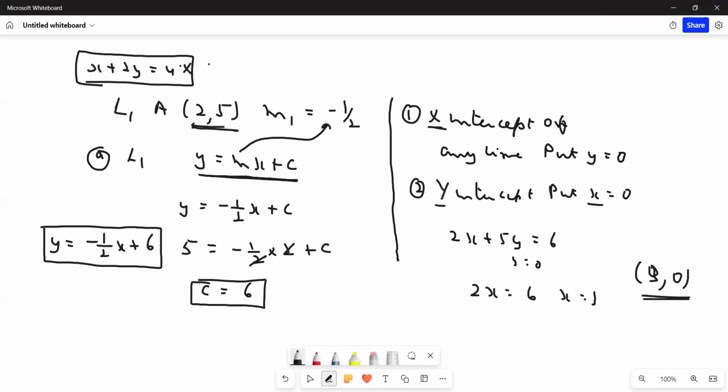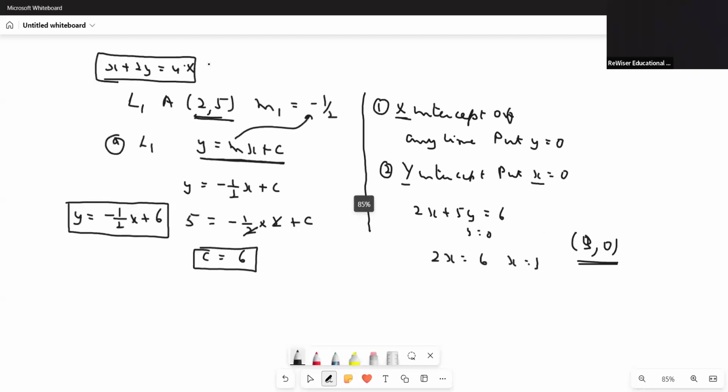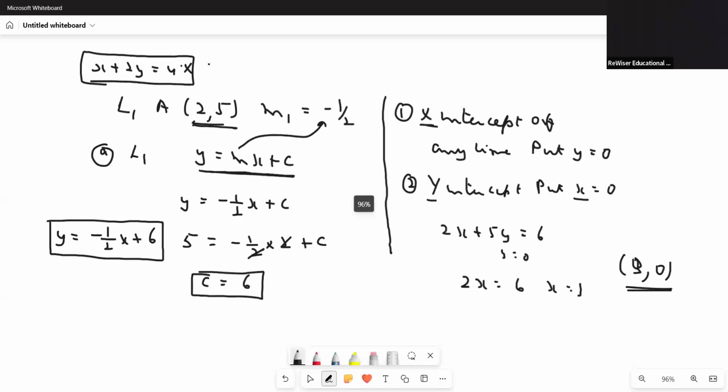Now, the other way of doing it is to write the equation directly as y minus y1 equals m into x minus x1. Please learn this method. What is m?